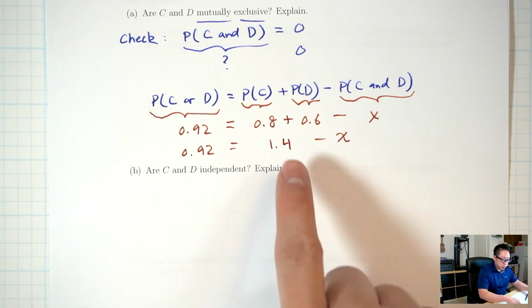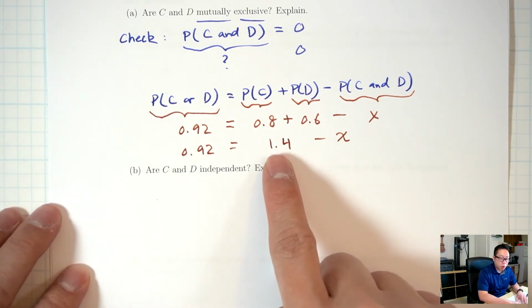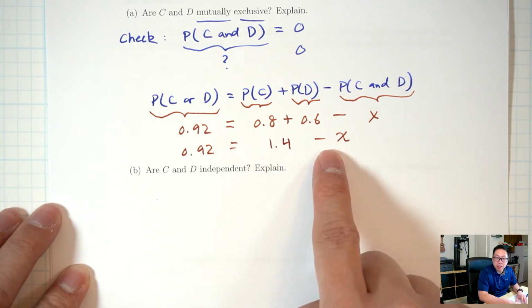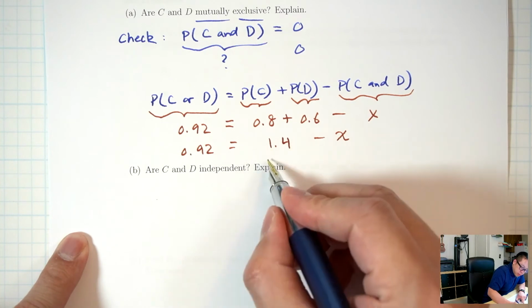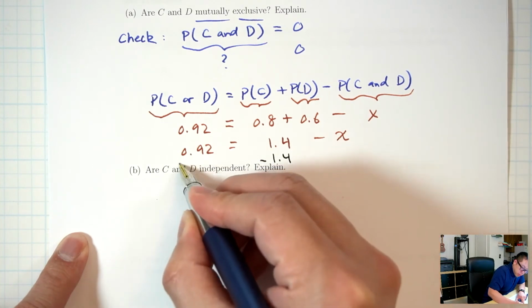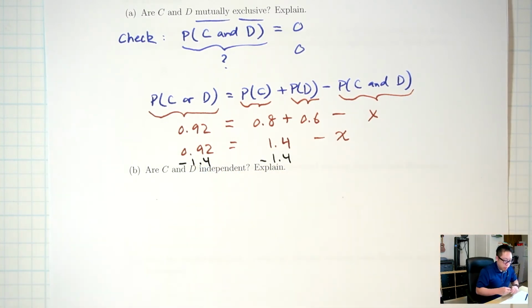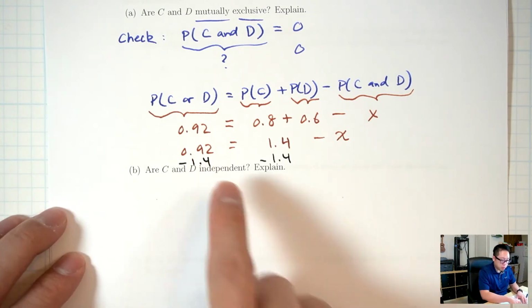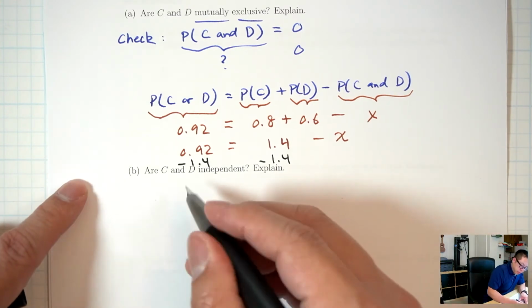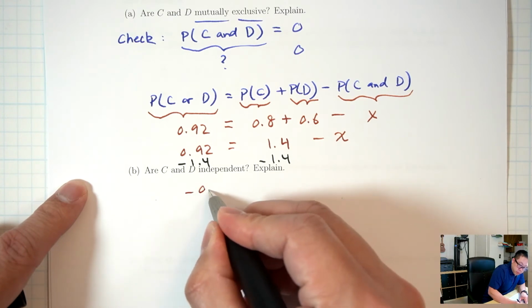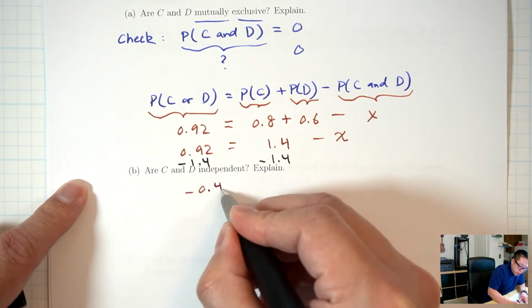So to get rid of this 1.4, currently it's basically being added to this minus x. So I need to subtract it from both sides. Left side, 0.92 minus 1.4 is negative 0.48.